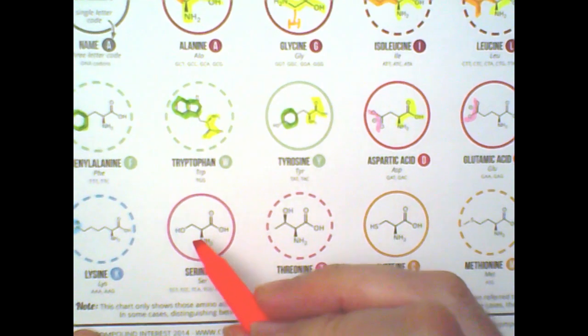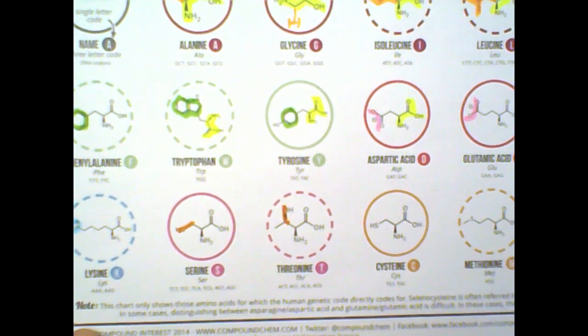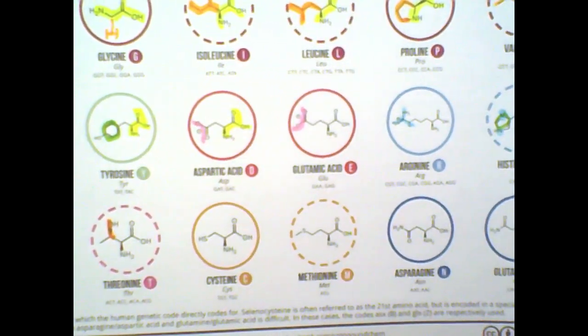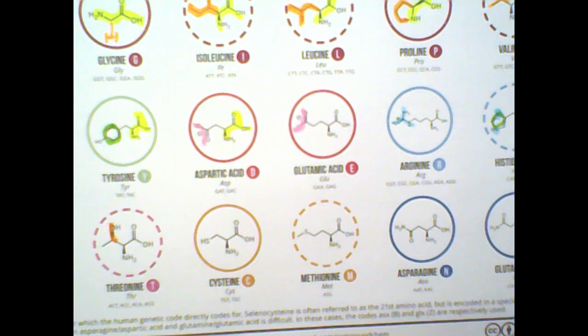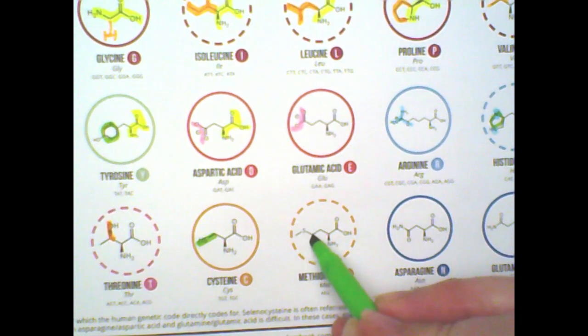Down here, do you recognize this functional group? Serine and threonine are alcohols. SH is a thiol.